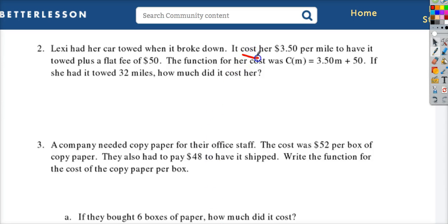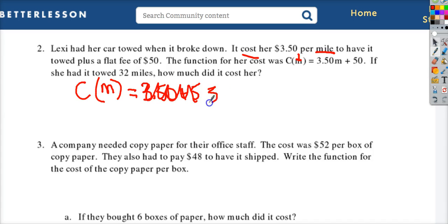Because it cost her this amount per mile. So this is the cost, the function of cost for your input of miles, right? So my cost in terms of how many miles I drove is 3.50 times the amount of miles plus 50.